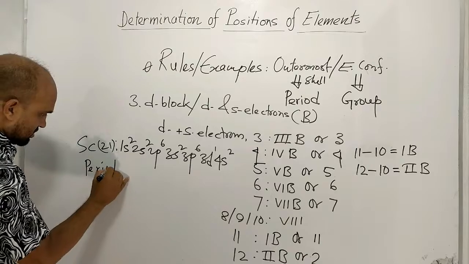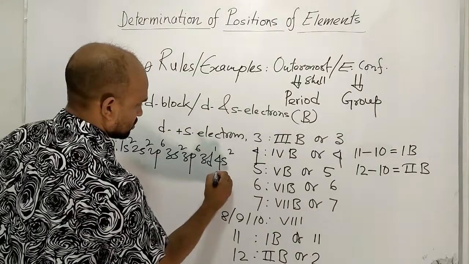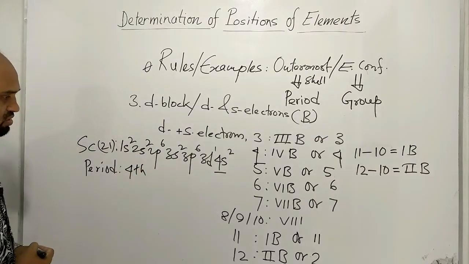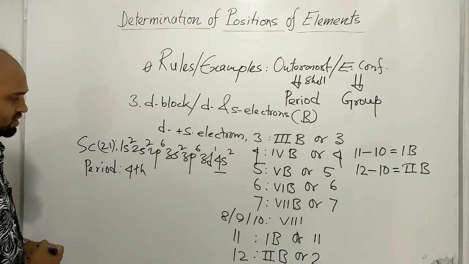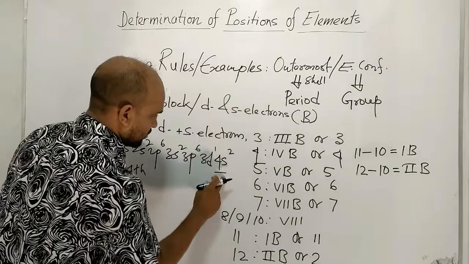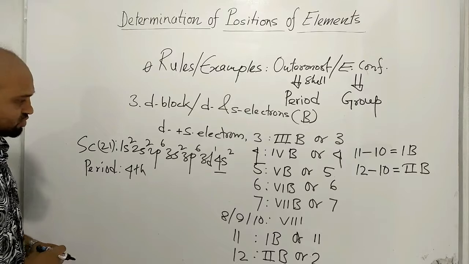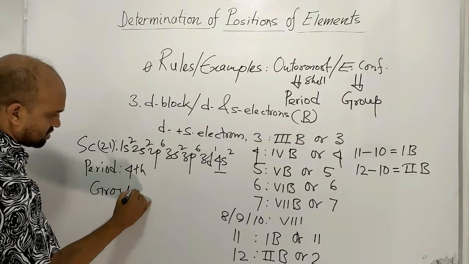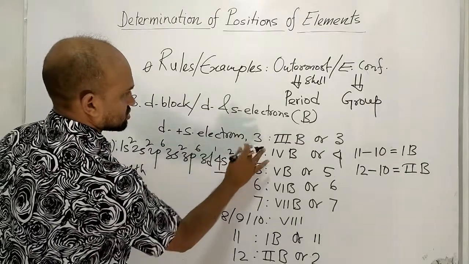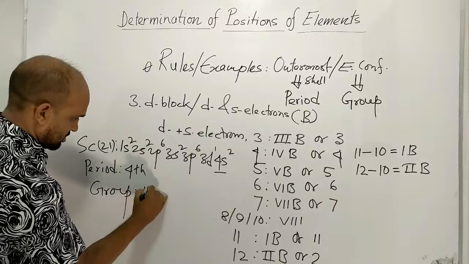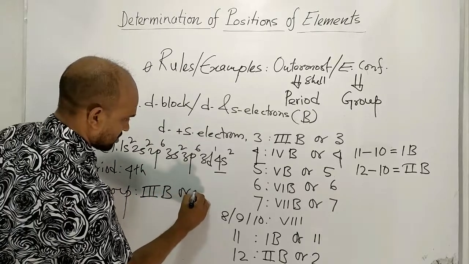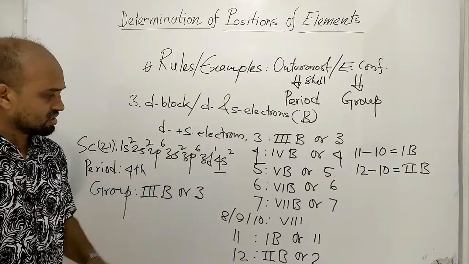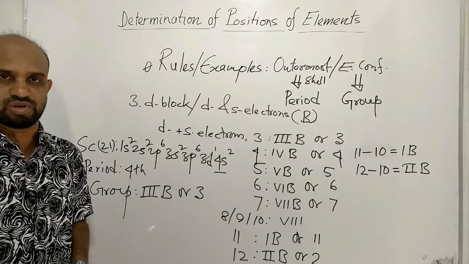Its period: the last electron enters the fourth shell, so it belongs to the fourth period, and its group will be, with d and s electrons 3, then 3B in the modern periodic table and 3 in the most modern periodic table.